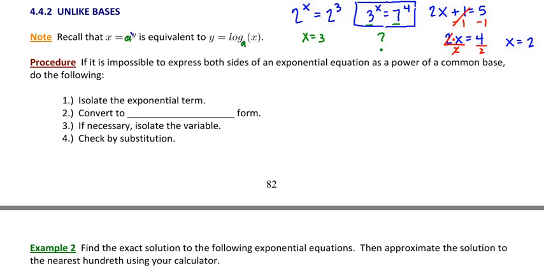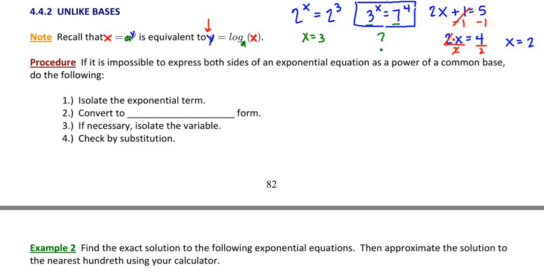The exponent in the exponential equation is what's isolated in a logarithm. Remember, a logarithm represents an exponent, and the result of our exponential evaluation becomes the argument of the logarithm. So essentially, we're just going to rearrange an exponential equation in logarithmic form. That's going to isolate the exponent and solve the equation.